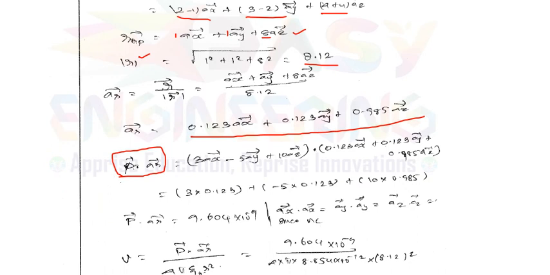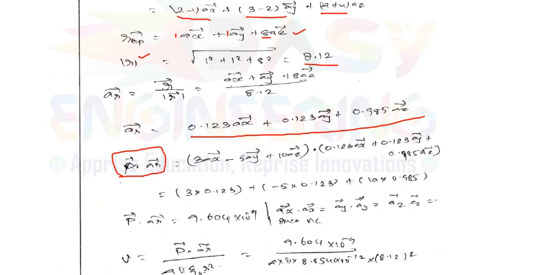So we take the dot product of that. By taking the dot product, this AX becomes 1. So 3 into 0.123 plus minus 5 into 0.123 plus 10 into 0.985. From this you will get the value for P dot AR.